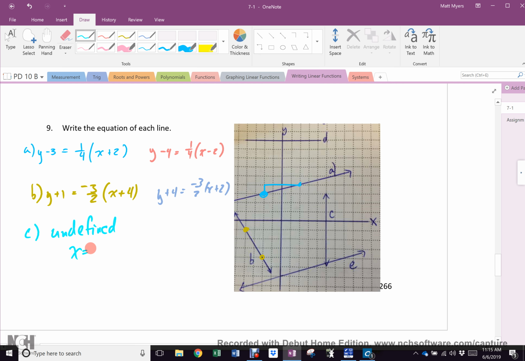X equals 5. Why? What's the x value there? What's the x value there? X value there.